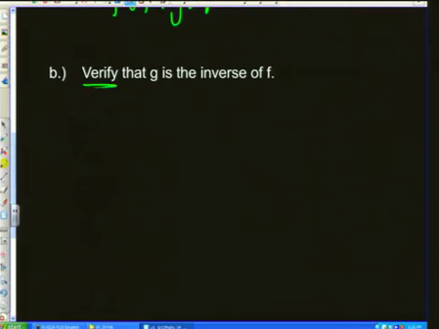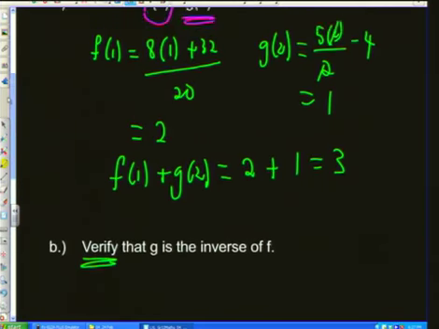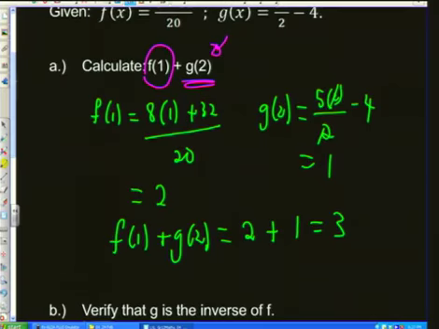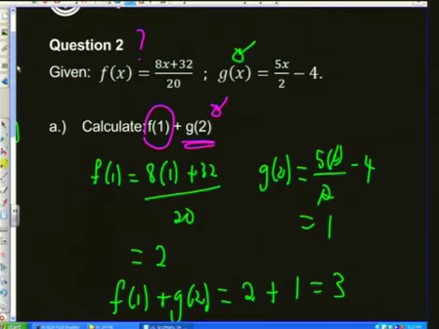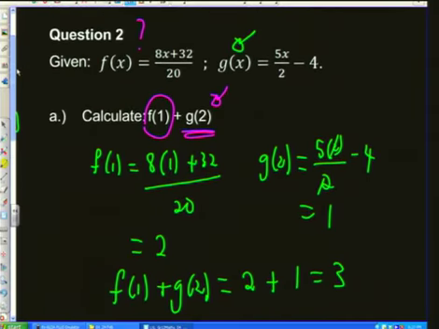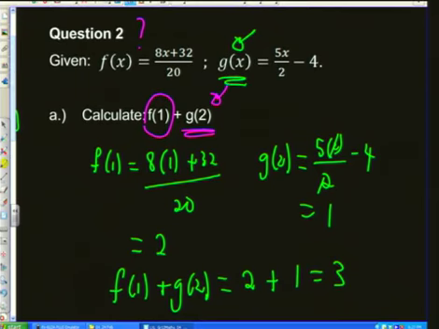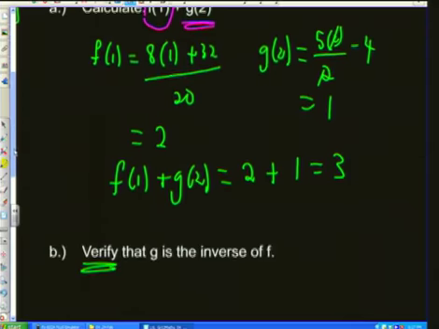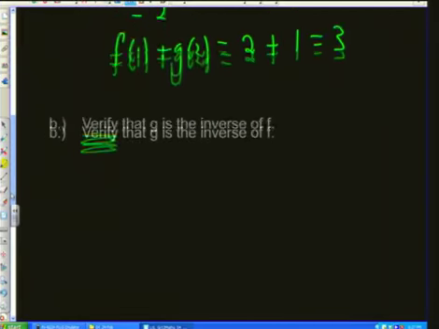Now, verify that g is the inverse of f. Now, we need to prove that g is the inverse of f. So in other words, we should have f, which is 8x plus 32.